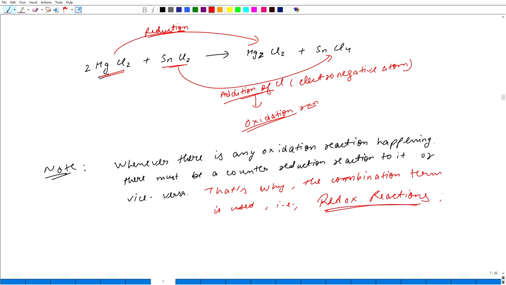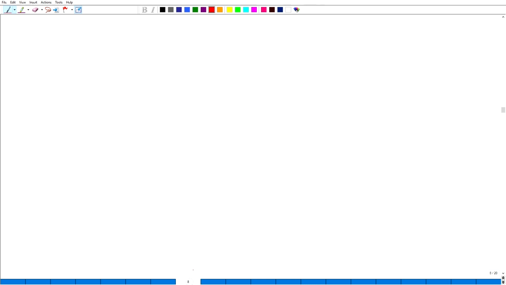Now, you must be wondering one thing, that maybe I have taken one such example, where both oxidation and reduction have been happening and in the previous cases there is no such case. So, let us discuss one or two cases. Okay. One of the first examples I have discussed with you is magnesium reacting with oxygen to form magnesium oxide.